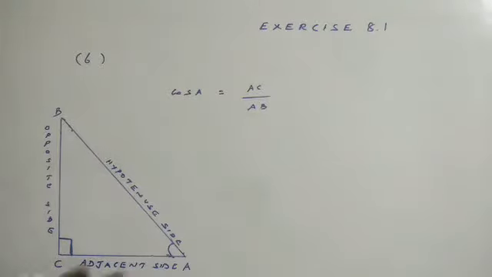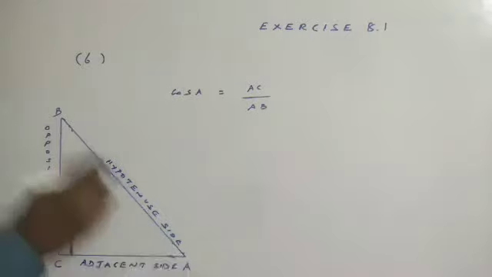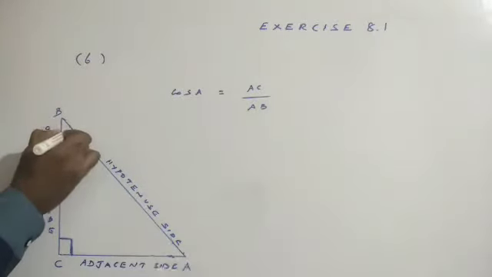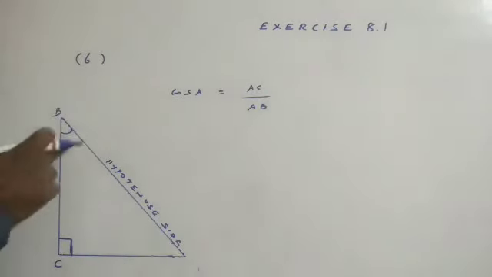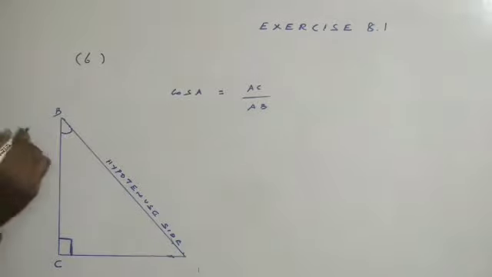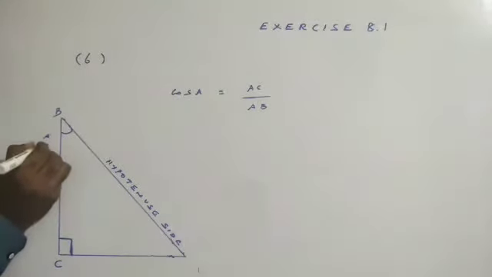Now I am going to change the angle. I put an angle at B. Now consider, when I change the angle, the sides will also change. Now this side is between the angle and right angle, so this is called adjacent side.